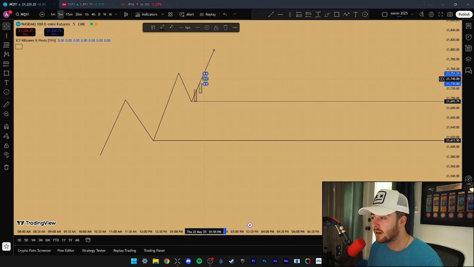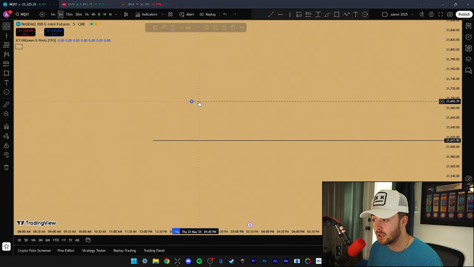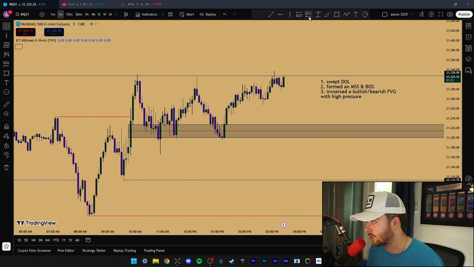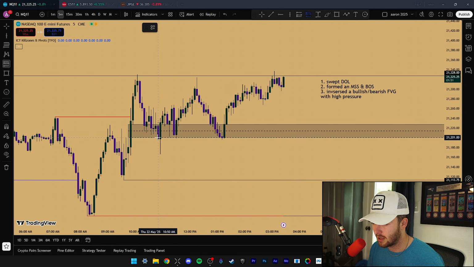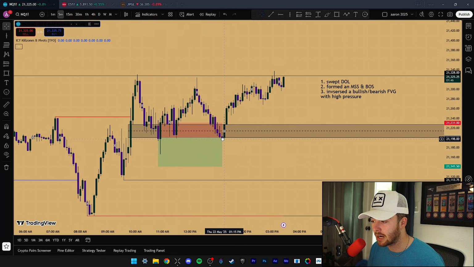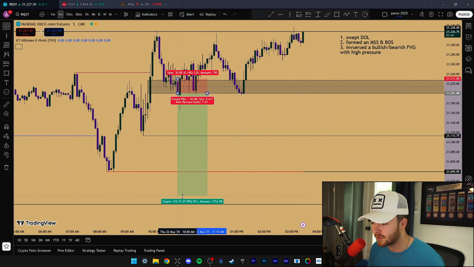Now, the second trade I took was the 5-minute inverse. I'm going to keep this very short, because I thought I had more confluences going into the second trade, and I was targeting the exact same level.